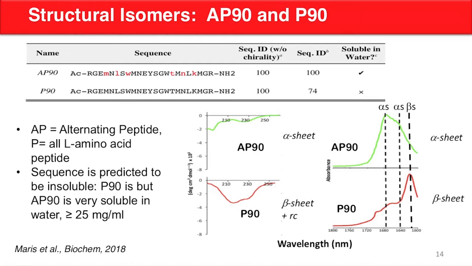Now, on the right-hand side is FTIR, Fourier transform infrared spectra, in the film state for AP90 and P90. And what you can see there is that you get very different peaks. P90 gives a characteristic peak for beta sheet structure, whereas we have two different new bands for alpha sheet structure that give us a handle on deconvoluting spectra from amyloid species.